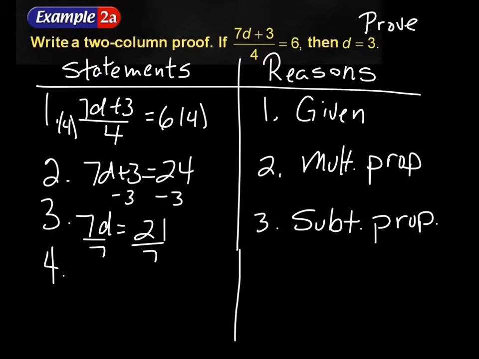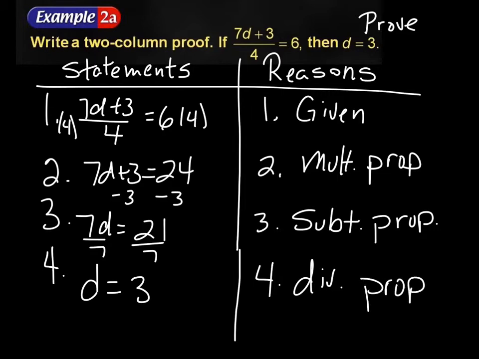I just divide both sides by 7, I have d equals 3, and that was division property of equality. Now, if you look at the book for the exact same problem, they have 7 steps, I have 4. As long as you can show your reasoning from one step to the next and the reasons, that's okay.